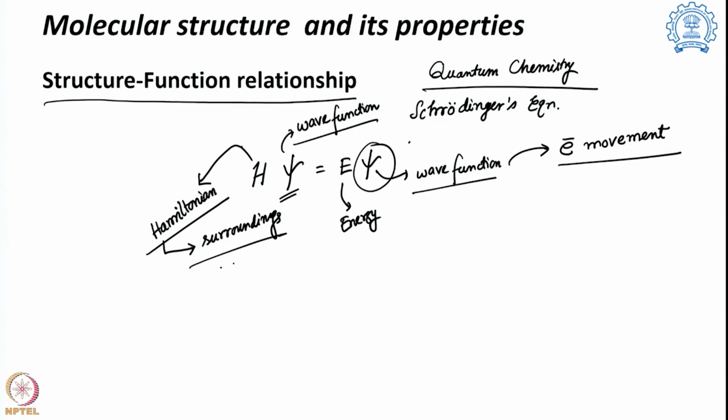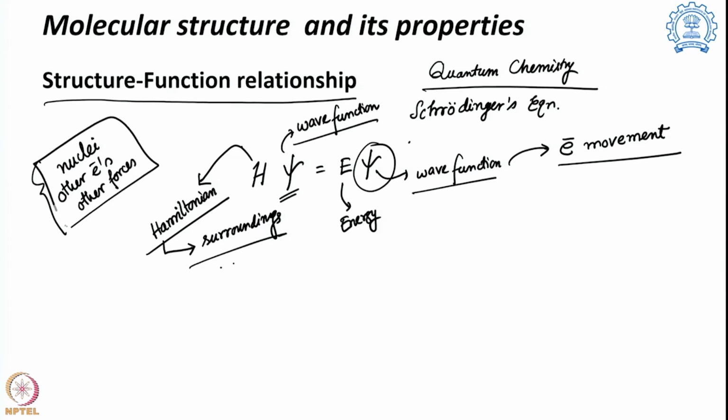Now, this electron movement is controlled; it cannot move anywhere as it wants. It is controlled by what? It is controlled by the nuclei, it is controlled by other electrons and other forces around it, and all those things control how the electron should move.